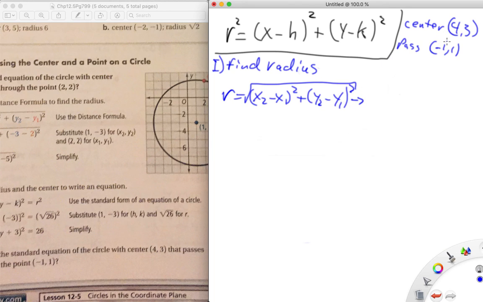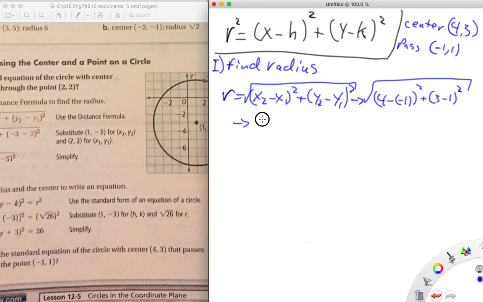We'll call this the ones, this the twos. So it's going to be 4 minus -1 squared plus 3 minus 1 squared, and the whole thing is square rooted.